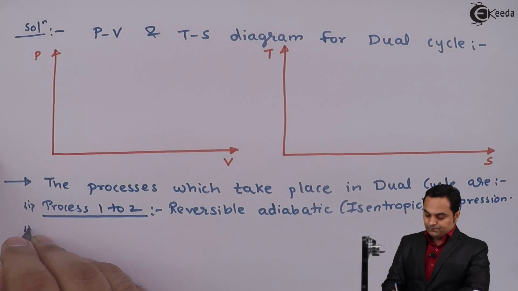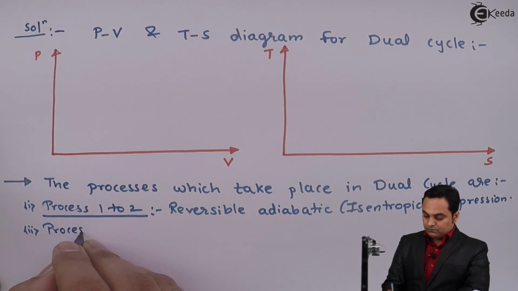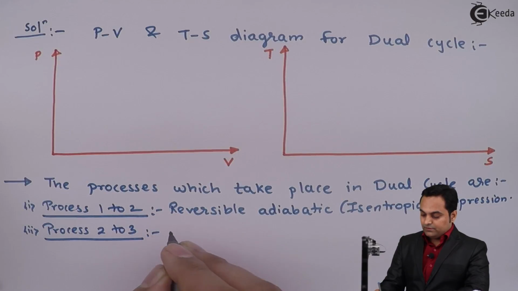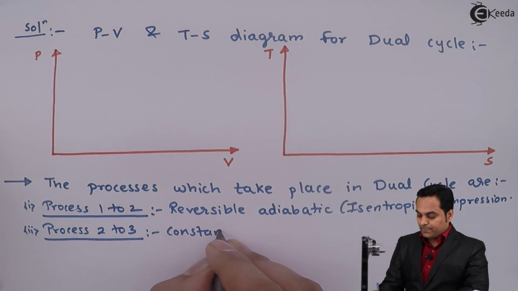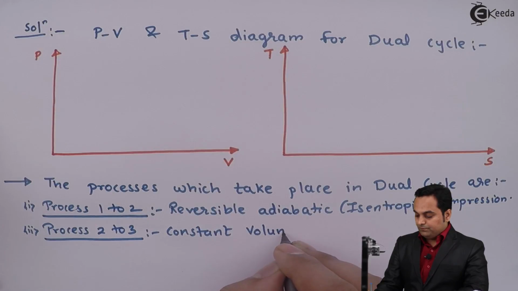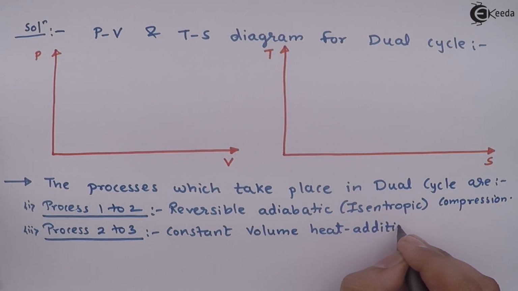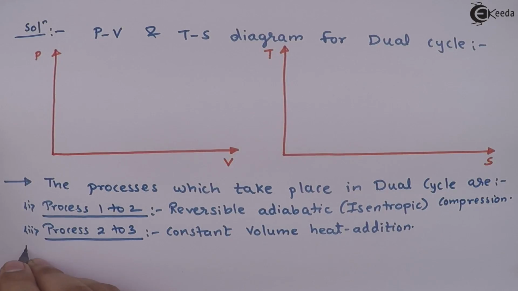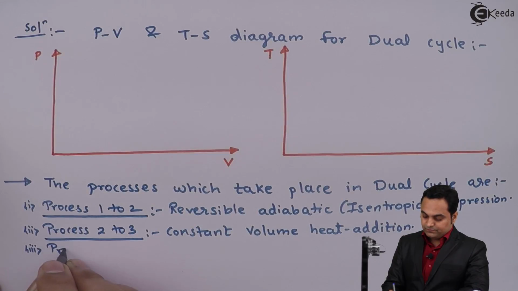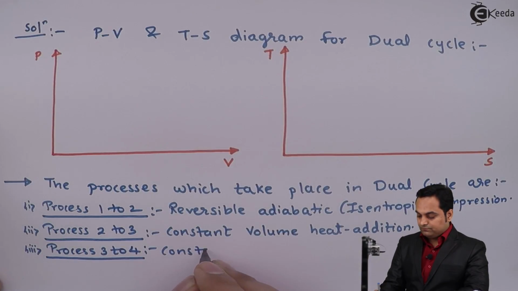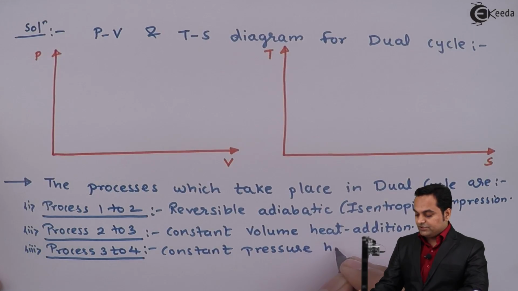Second, process 2 to 3, it is constant volume heat addition. Process 3 to 4 is constant pressure heat addition.